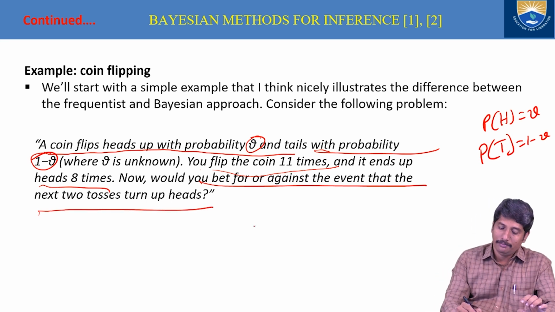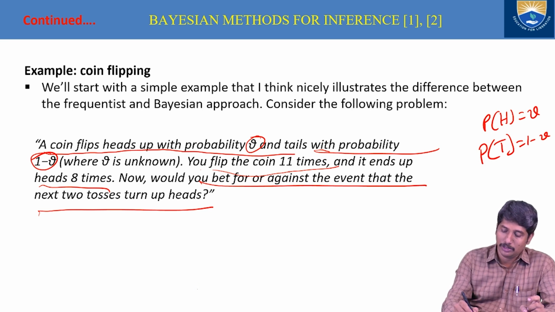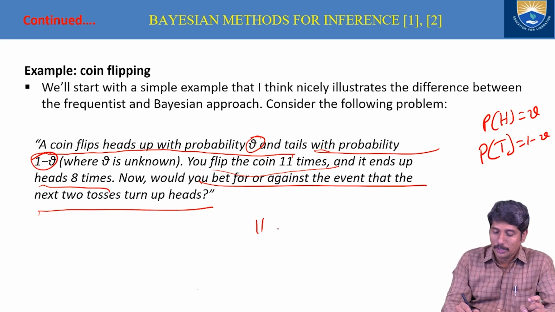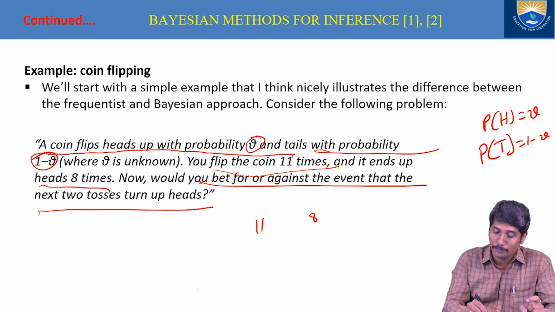Suppose you started a game to toss a coin 11 times. You flip the coin 11 times; out of 11, 8 are heads and 3 are tails.